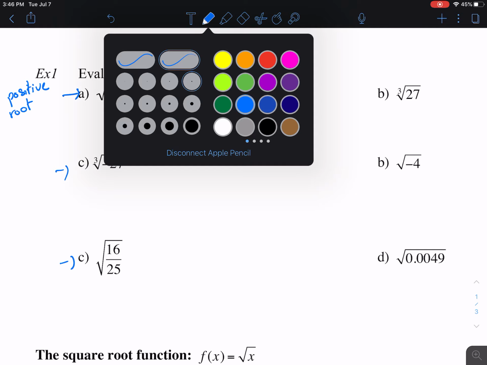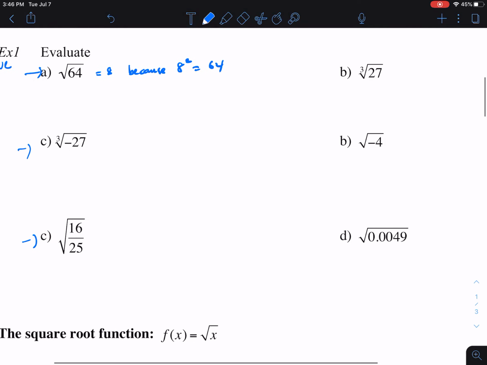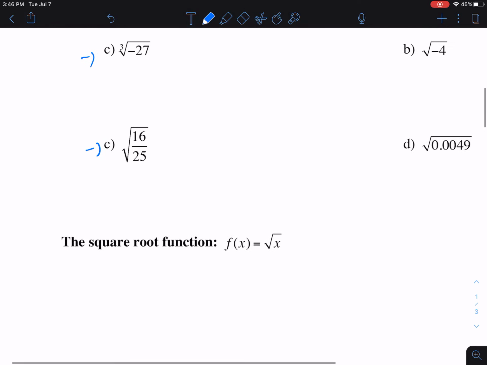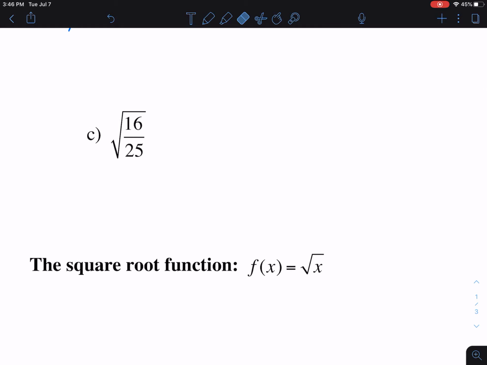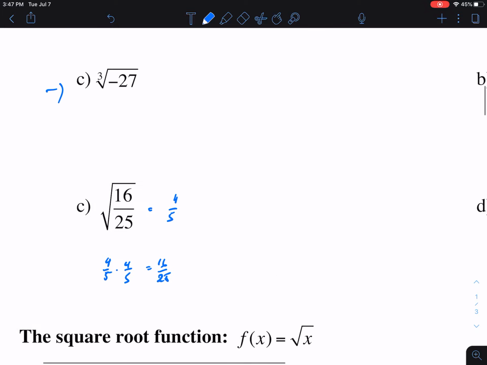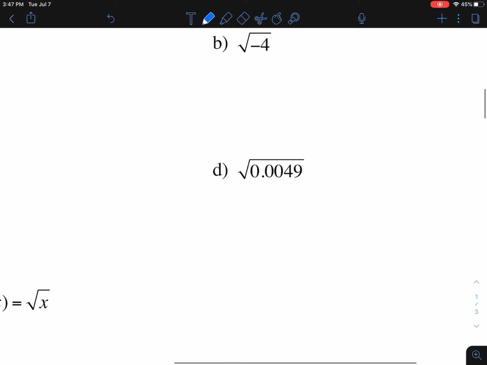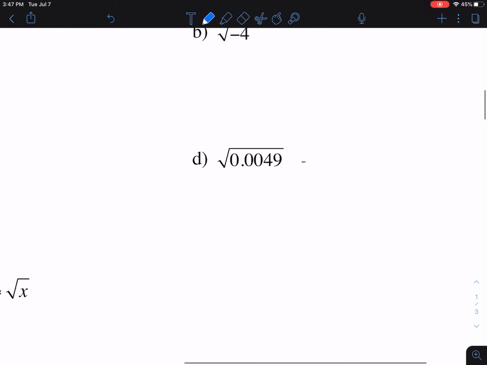All right. Next, what number squared gives us 16 over 25? That number is going to be a fraction. It's going to be 4 over 5, because 4 over 5 times itself is 16 over 25. Over here, D, what number squared gives us 0.0049?